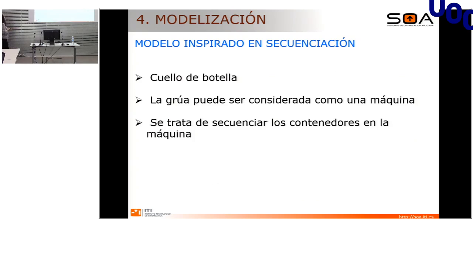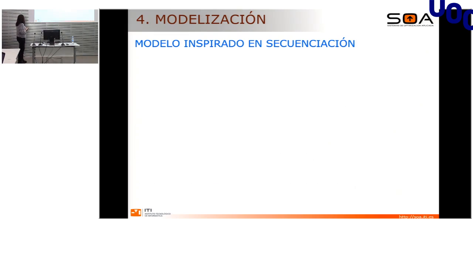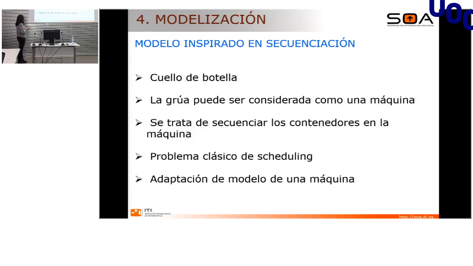It's a model based on scheduling, because the crane is like a bottleneck. If you have one machine, it's a single machine problem. And you have to sequence all the containers in the machine, the crane. This is a classic problem in scheduling, so you can adapt the one machine model to this.